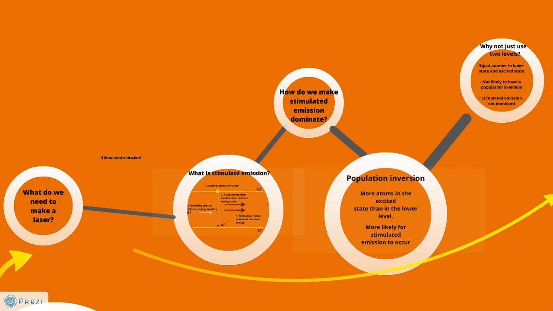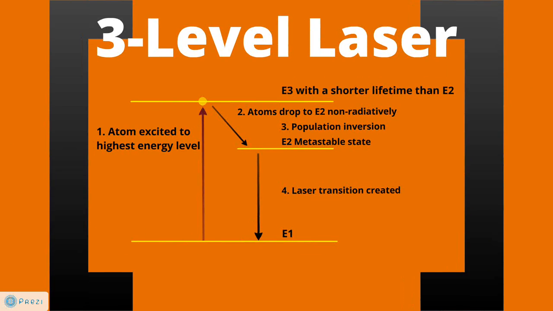So now we'll consider the 3-level laser. From this diagram we can see the difference is now we have this metastable state in the middle, but our excited energy level is still higher than this. So first we need to excite the atoms into this excited energy level, but one important thing to note is that this excited energy level must have a shorter lifetime than that of the metastable state. So now the atoms drop down quickly to the metastable state in what is known as a non-radiative process, which I will explain in a minute.